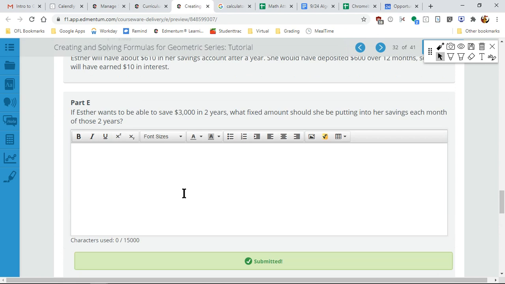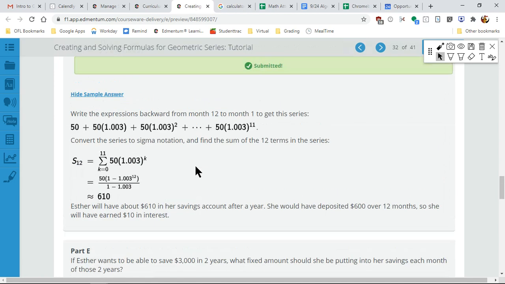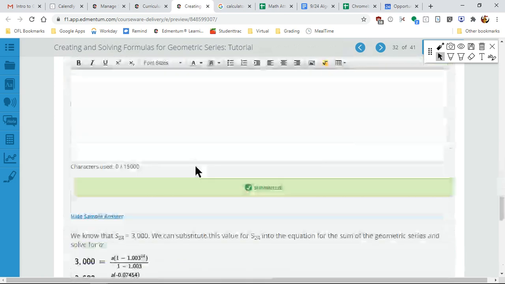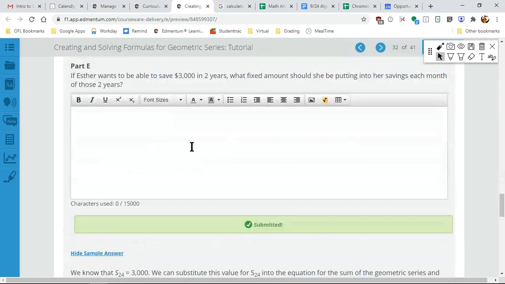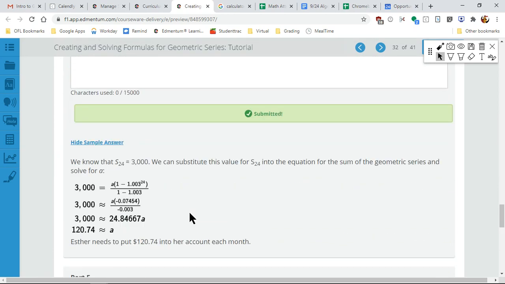So, this next one, they're saying we got this much money. So, she has $3,000 in 2 years. What fixed amount should she be putting into her savings for 2 years? This makes a little more sense. This one they know what they're talking about. They're saying, like, hey, she's gonna start off with $300, but how much money should she put into it every week?